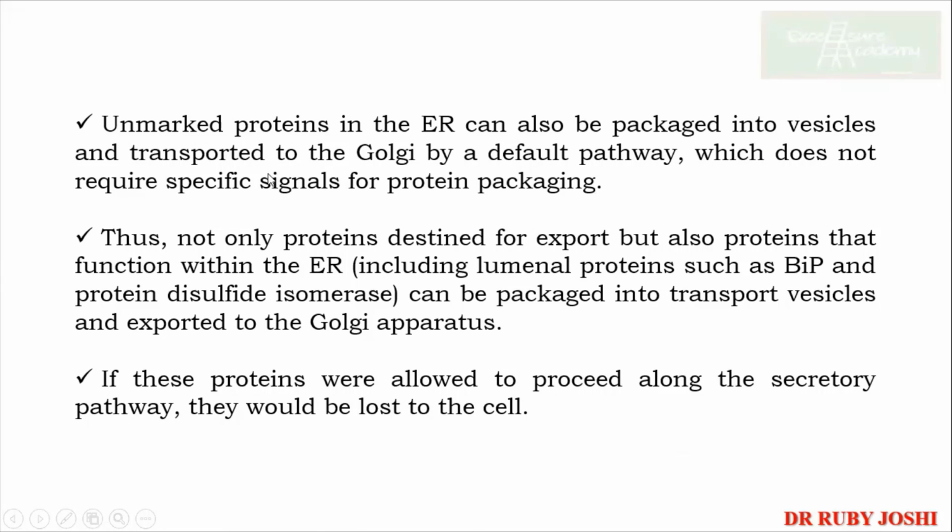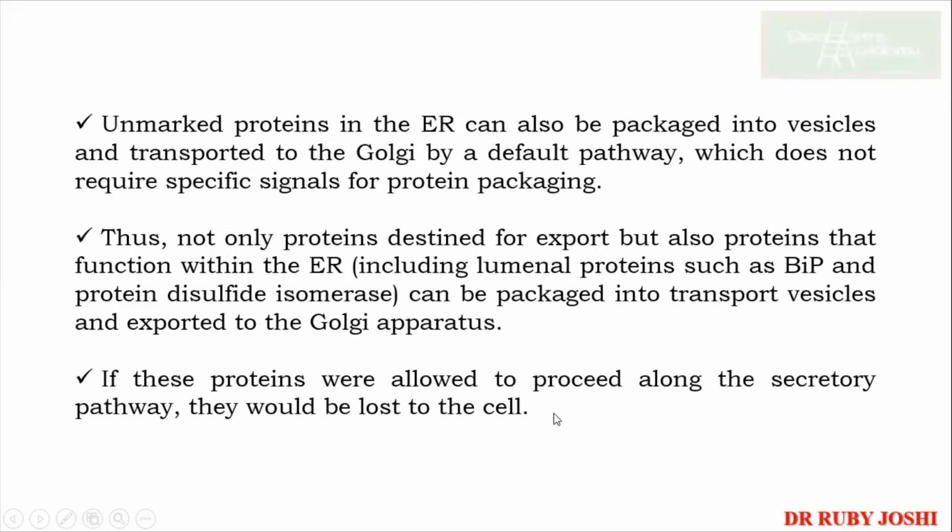Okay, so it's the same thing. Unmarked proteins in the ER can also be packaged into the vesicles and transported to the Golgi by a default pathway, which does not require specific signals for protein packaging. Now, not only the proteins which are destined for export, but also proteins which are resident to the ER also get packaged. So if these proteins were allowed to proceed along the secretory pathway, they would be lost to the cell.